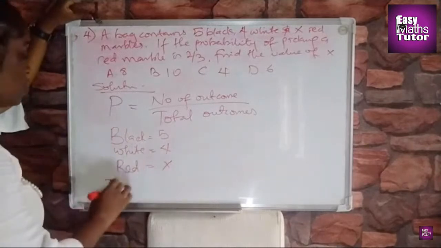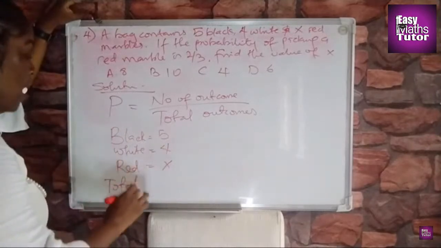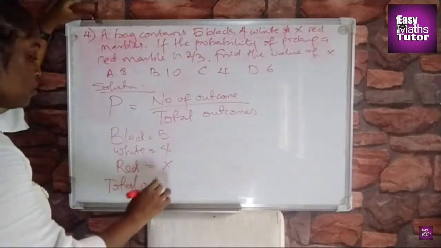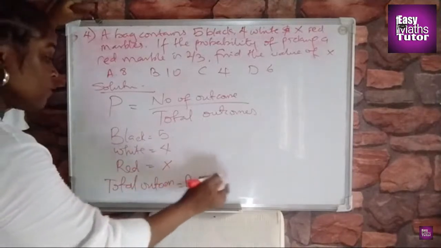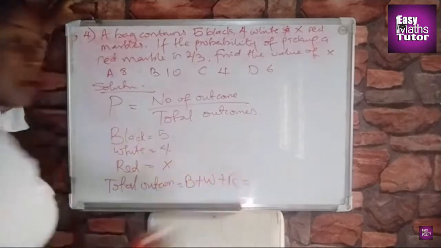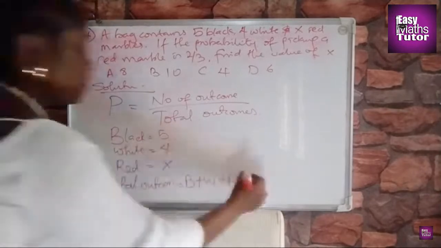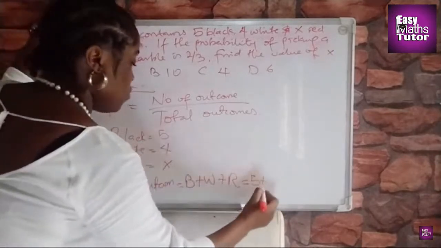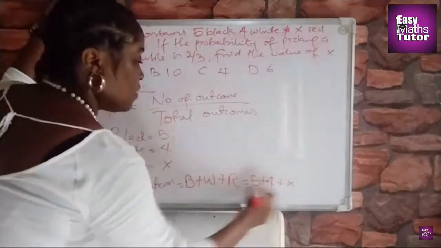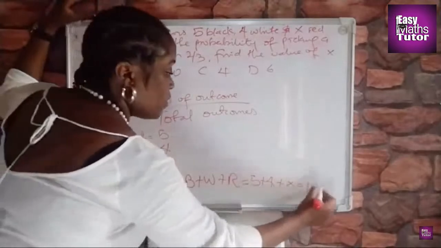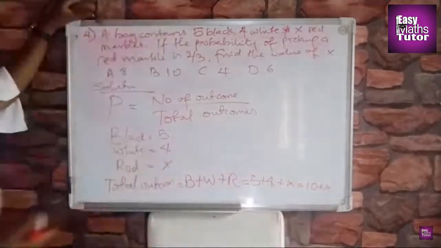So the total outcomes will be black plus white plus red outcomes. Black is 5, white is 4, and red is X. So this gives us 10 plus X total outcomes.